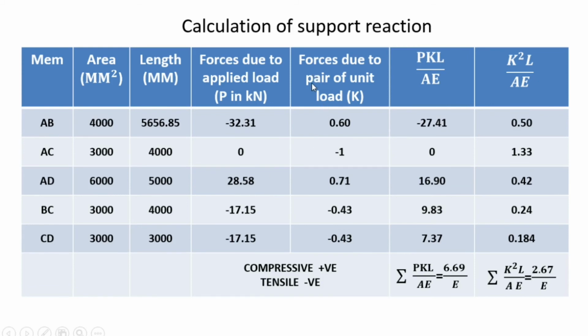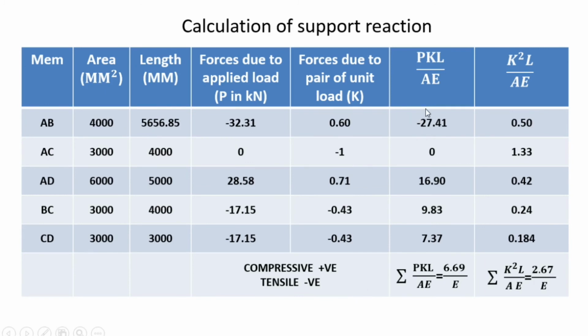Then forces due to the pair of unit load acting at the joint. So here 0.6, minus 1, 0.71, minus 0.43, minus 0.43. Previously we have calculated these forces, the K forces and the P forces. We enter these values as per the sign convention, that is compression as positive and tension as negative.